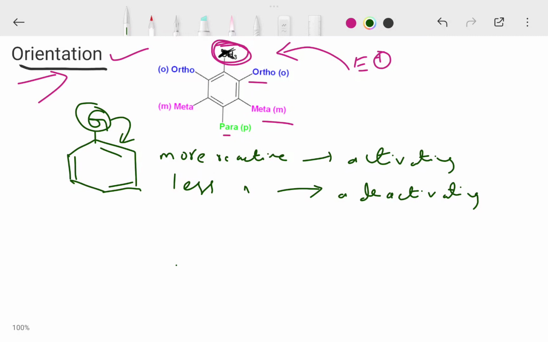Here, if the group attached to the benzene ring is an electron releasing group, it donates electrons towards the benzene ring and increases the electron density on the benzene ring, increasing the reactivity of the ring.